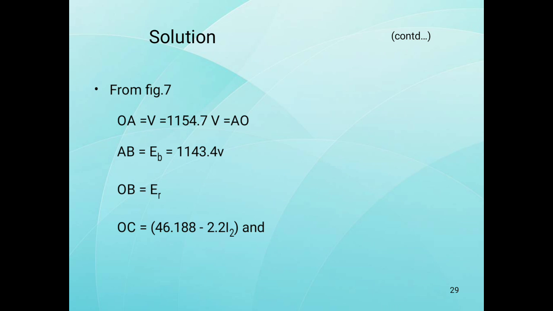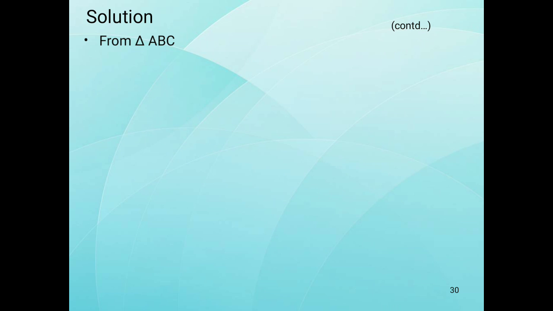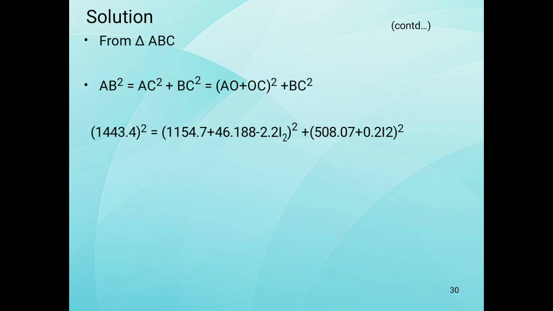OC is nothing but 46.188 minus 2.2 I2, and BC is 508.07 plus 0.2 I2. From triangle ABC, AB square is equal to OC square plus BC square. Here from the calculations we get I2 is equal to 106 amps.